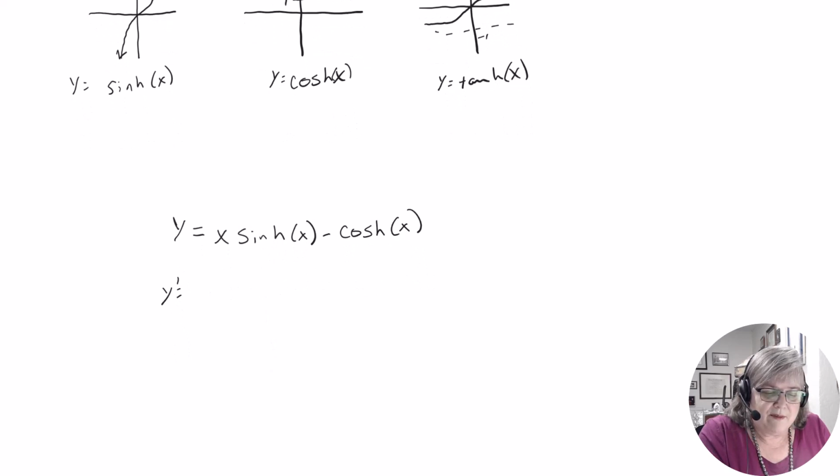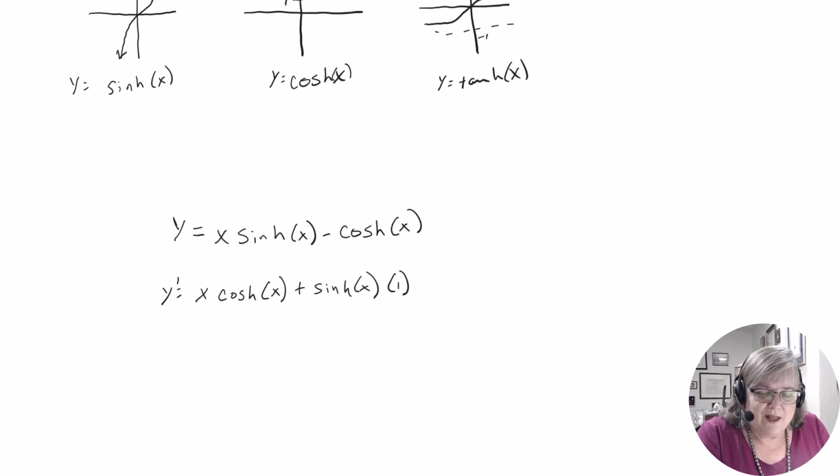So what you're going to have is the first times the derivative of the second, and the derivative of hyperbolic sine is hyperbolic cosine. Sooner or later, I'm going to get tongue-tied. I'm already starting there. Okay, plus the second times the derivative of the first, minus the derivative of the hyperbolic cosine, which is hyperbolic sine.